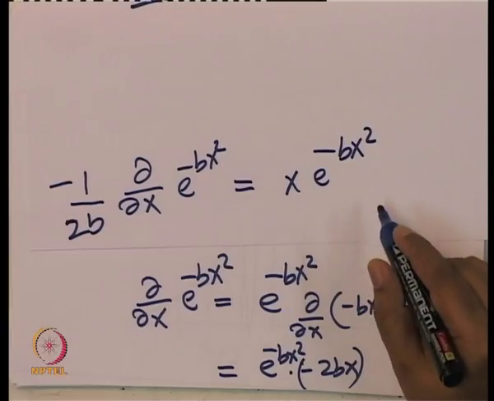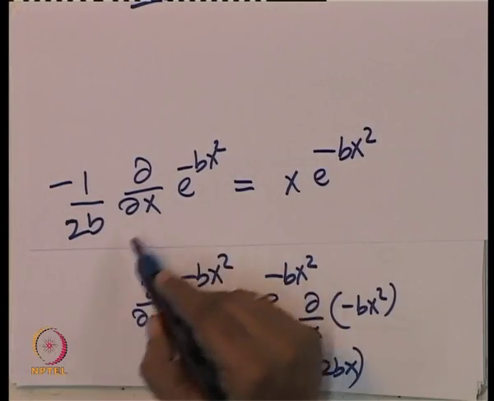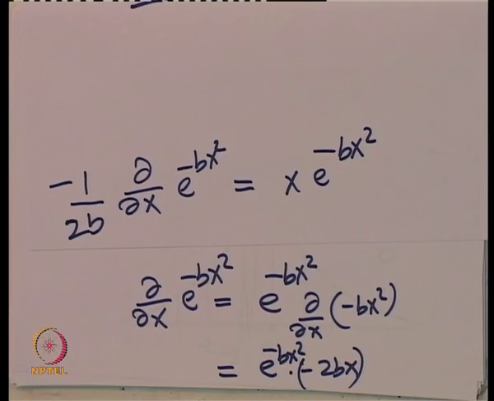So, x e power minus b x square can be written as minus 1 over 2 b del by del x of e power minus b x square.